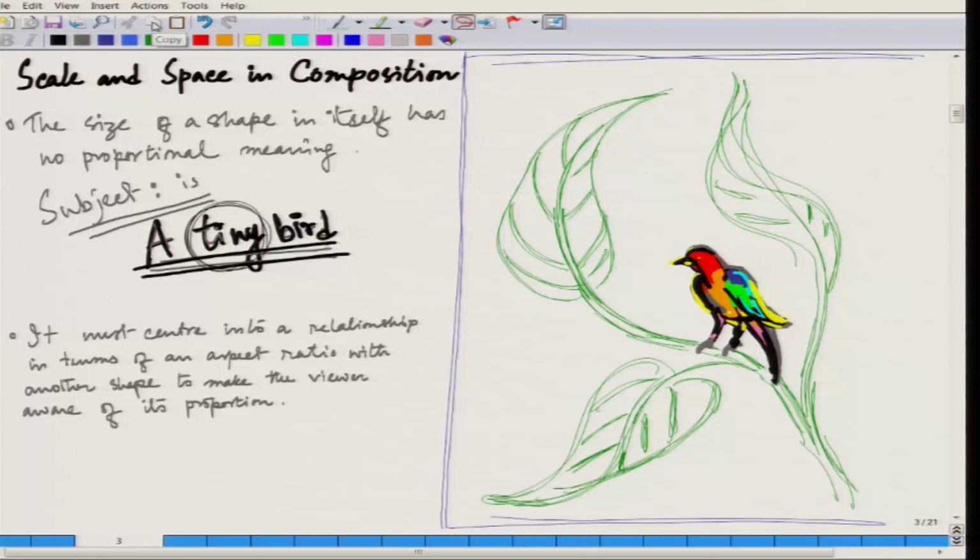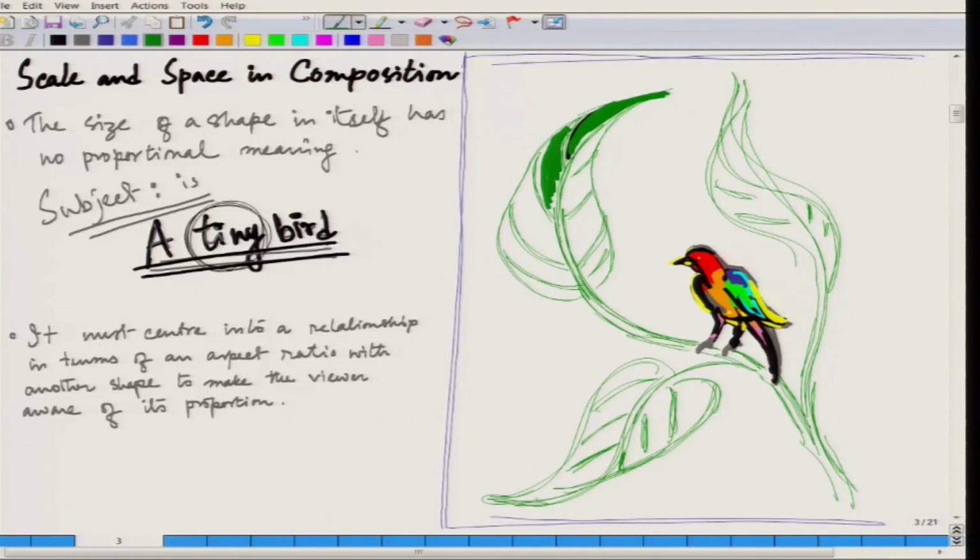so it must enter into a relationship in terms of another aspect ratio with another shape to make the viewer aware of its proportion. Now, when we place it here, the leaves here are actually very big, as compared to the bird which is sitting here.